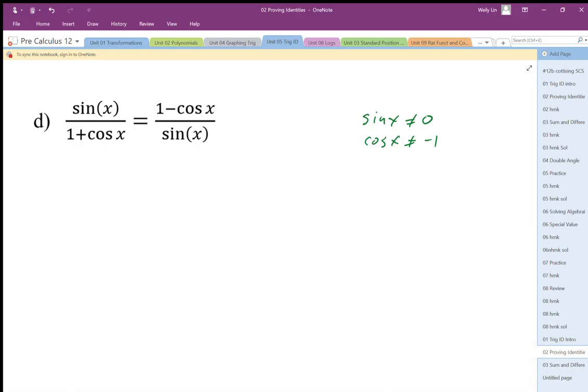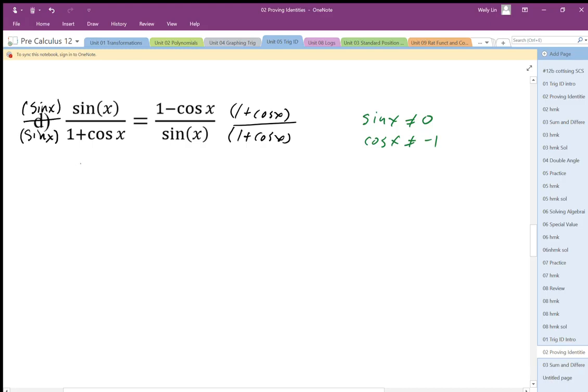So what I'm going to do here is multiply the bottom by 1 plus cos x and the top by 1 plus cos x. Okay, because if I multiply top and bottom of a fraction by the same expression, it doesn't change the expression. To get a common denominator over here, I'm going to multiply by sine x on the top and the bottom here by sine x.